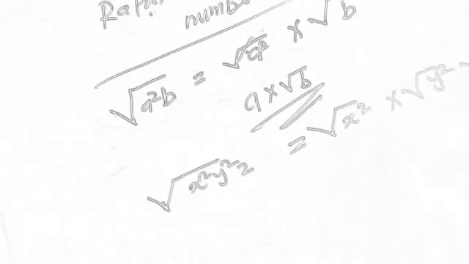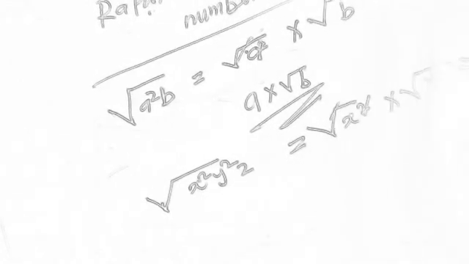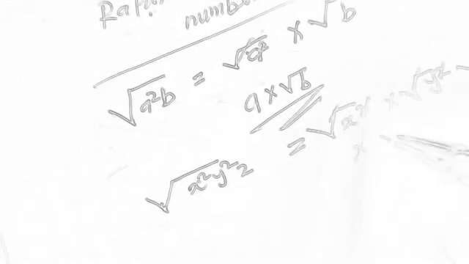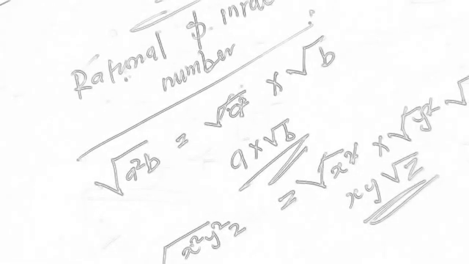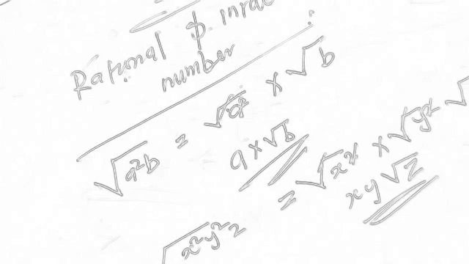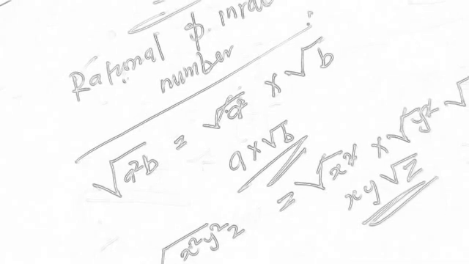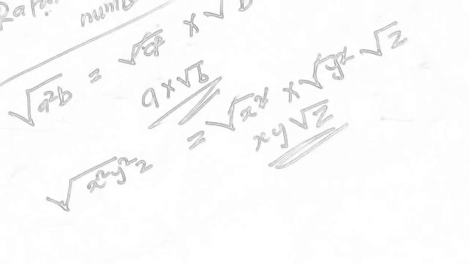Square root cancels square, so we have x, y, z. Is that simple? Yes, very simple. So I want us to dive into some real examples.